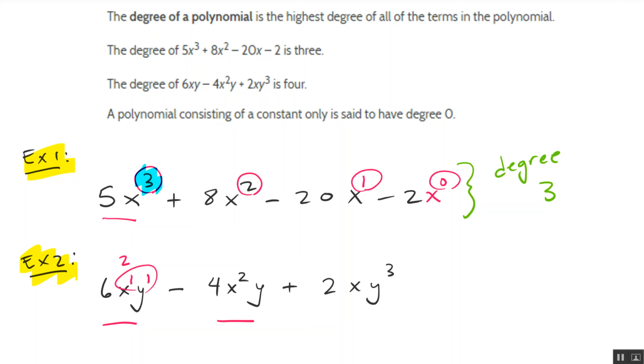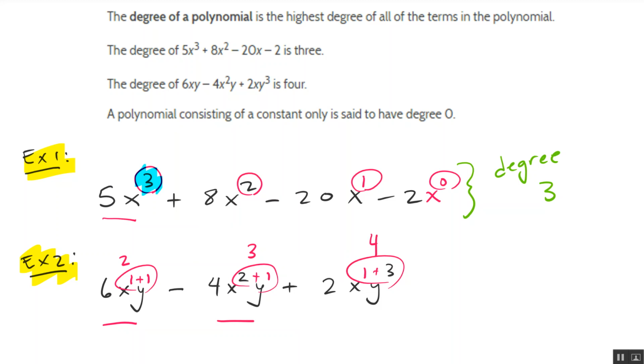Term 2 has a 2 on the x and the y has a 1. So together that gives us 3, and the last term has a 1 on the x and a 3 on the y. So if we add those together, we get 4.